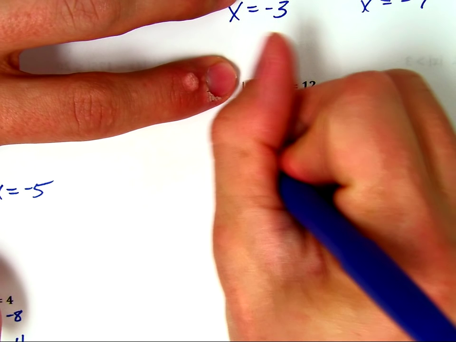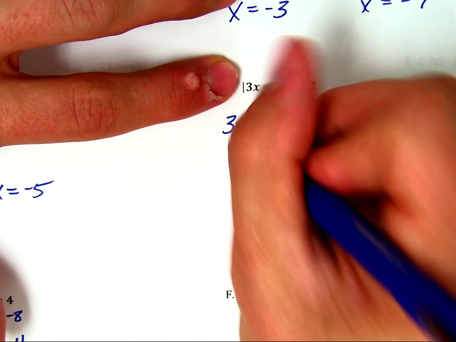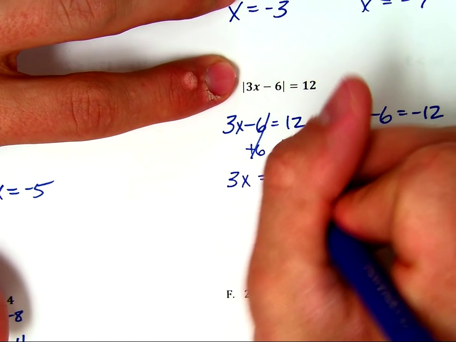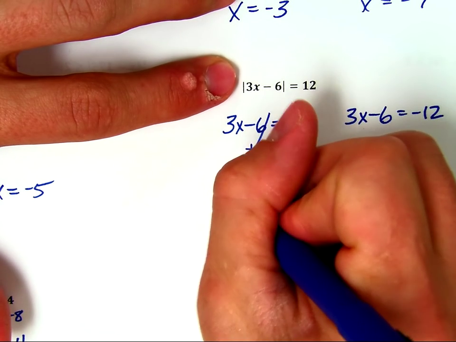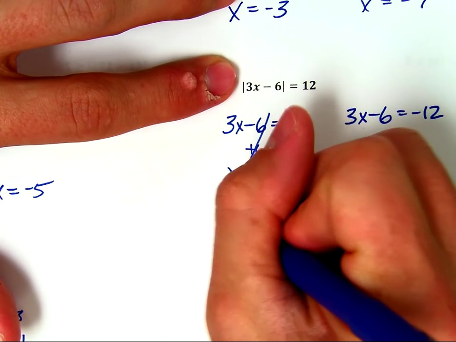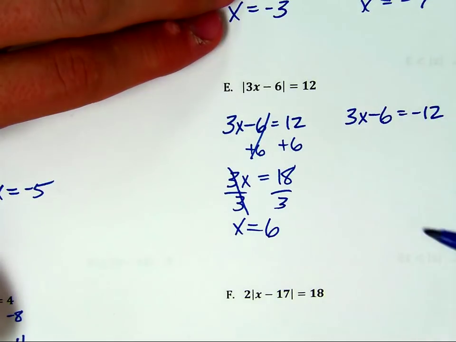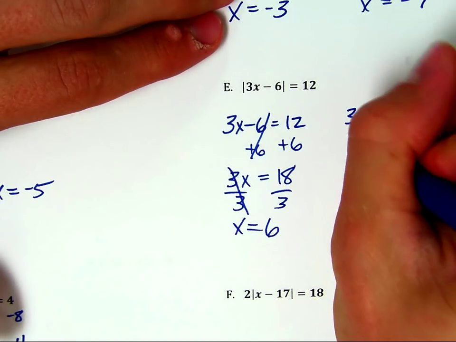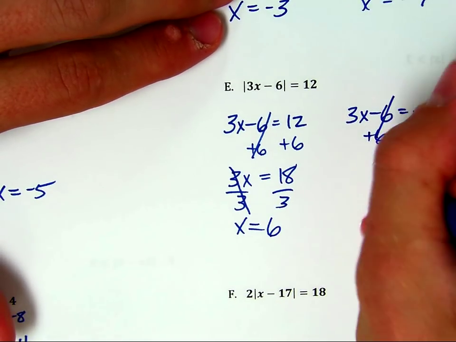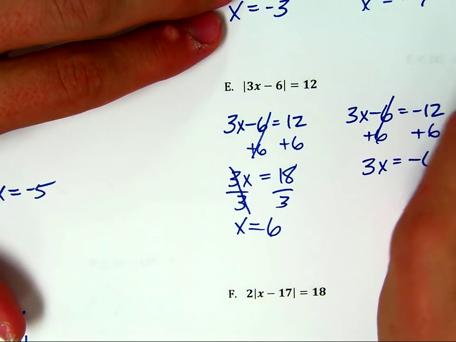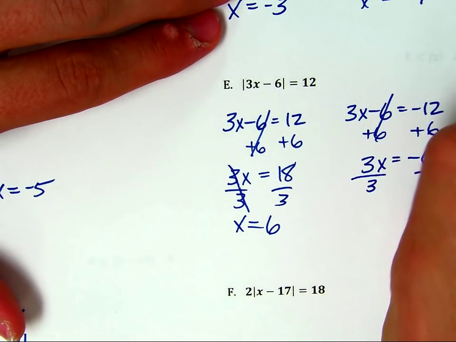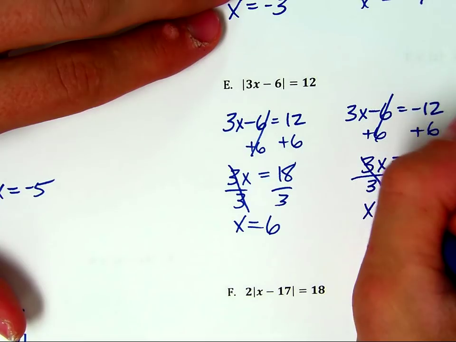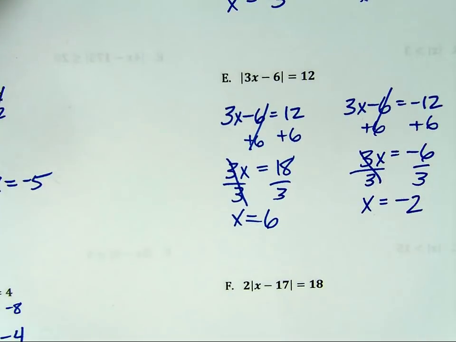So we're going to go ahead and solve once we've set those up. 3x equals 18. We divide by 3. x is equal to 6. Okay, but we also have the other possibility over here. We say 3x is equal to negative 6. We divide by 3, and x is equal to negative 2. All right, so we have 2 answers.